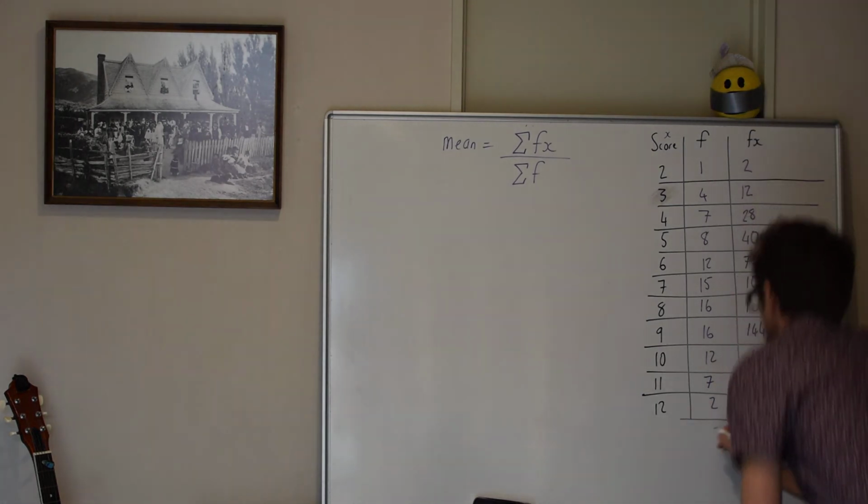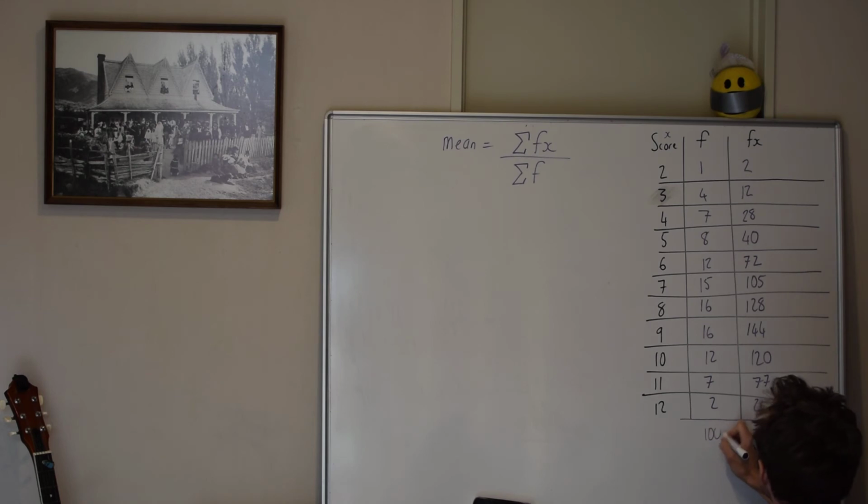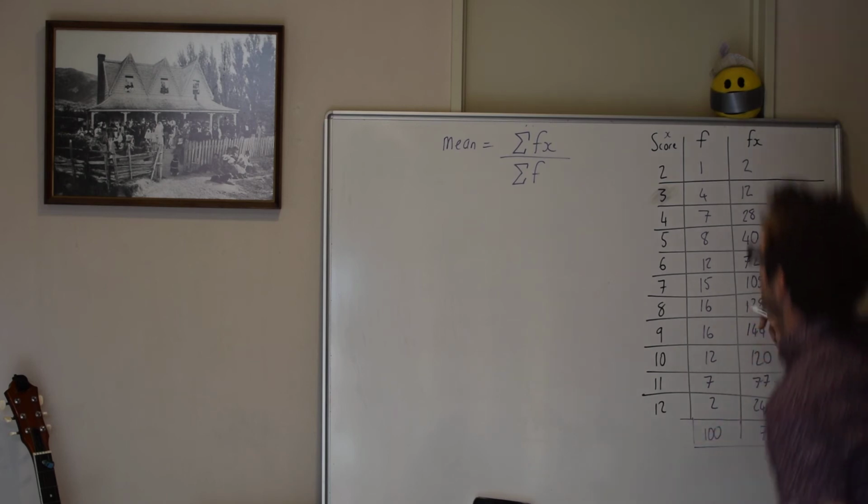And we're going to pop them down here. The sum of our frequencies is 100. I'm getting 752 for my fx sum.